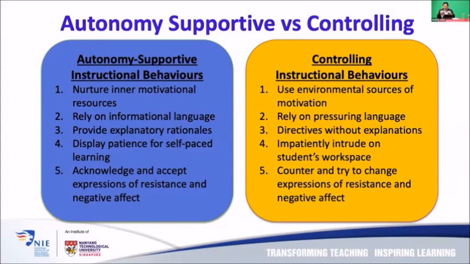We believe that the students can motivate themselves, so we try to energize them, we try to vitalize, we try to bring up their own inner motivational force. But for the controlling style, the teacher will make use of the environment to try to regulate the students' behavior. They use extrinsic motivation to regulate the students' behavior.